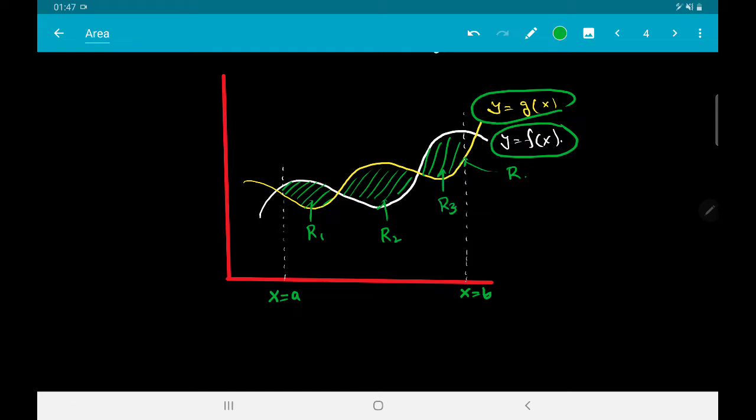So what we do is the following. We can see that in the situation when we are considering the region R1, here f(x) is bigger than or equal to g(x), but in the second region the situation changes, and here we have f(x) less than or equal to g(x). And again back to the third region, we are back to this case when f(x) is bigger than or equal to g(x).